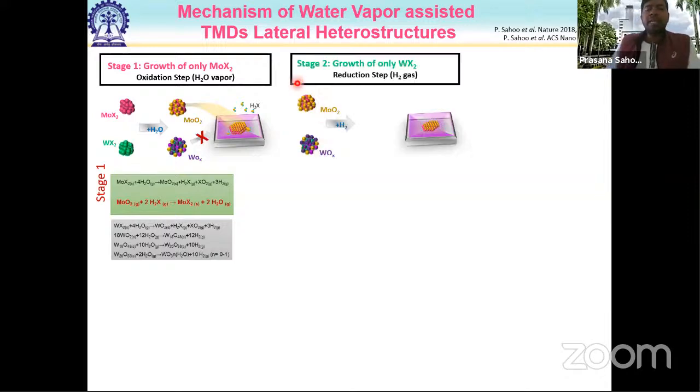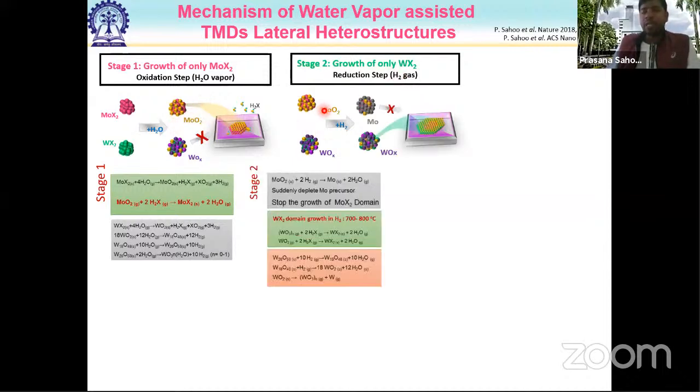But the moment you use a reducing gas like hydrogen, whatever remaining amount was there quickly depletes into molybdenum, so that metal will not evaporate at that point. But for tungsten oxide, there is a lot of preserved oxide, and hydrogen starts leaching out of those oxides.